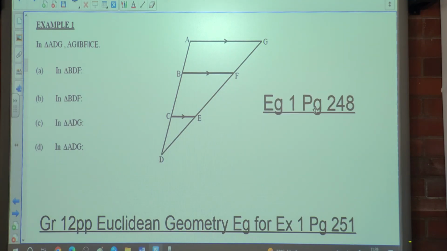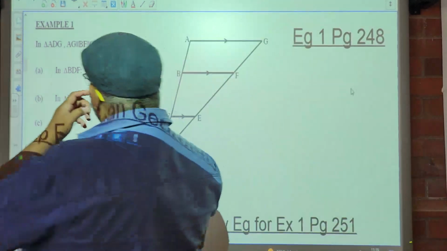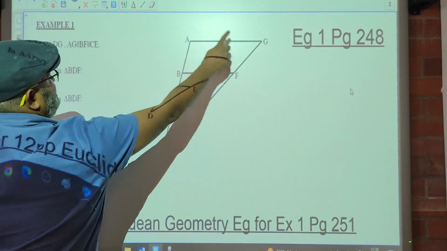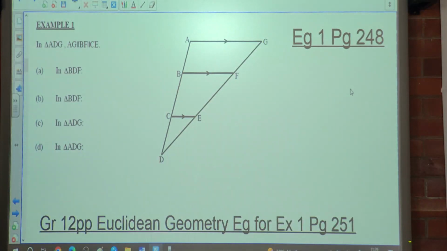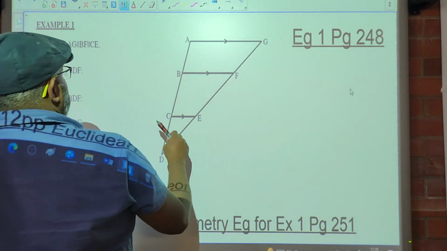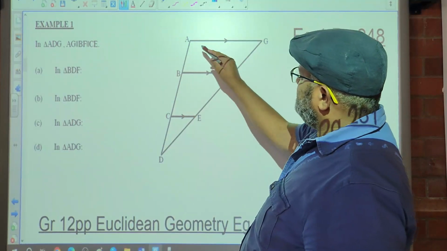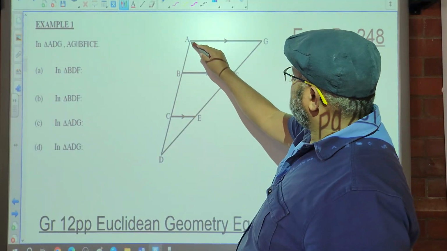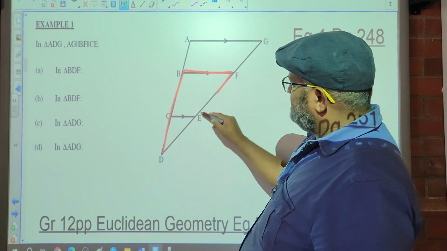Okay. So the question says in triangle ADG, we are told that AG is parallel to BF, which is parallel to CE. So the question is it's given in triangle BDF, which is this triangle here.